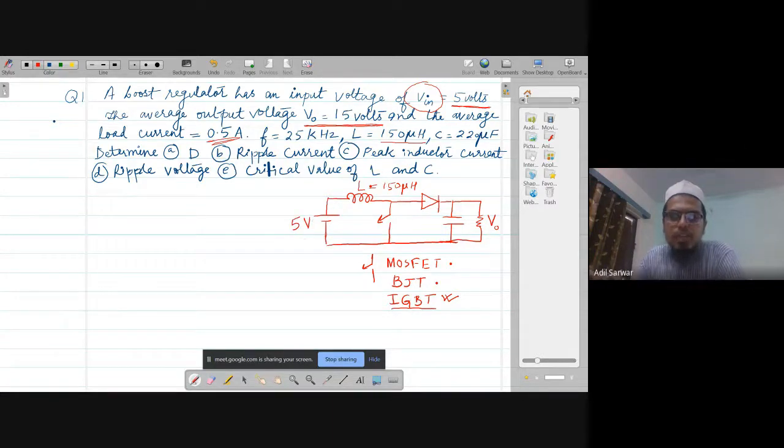So this is a purely DC voltage here. Consider this as a battery, and this is the switch. The average output load current is 0.5 amperes.